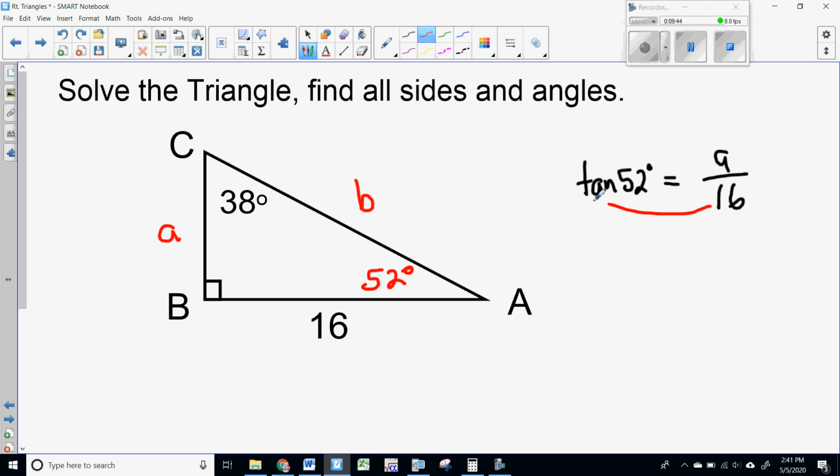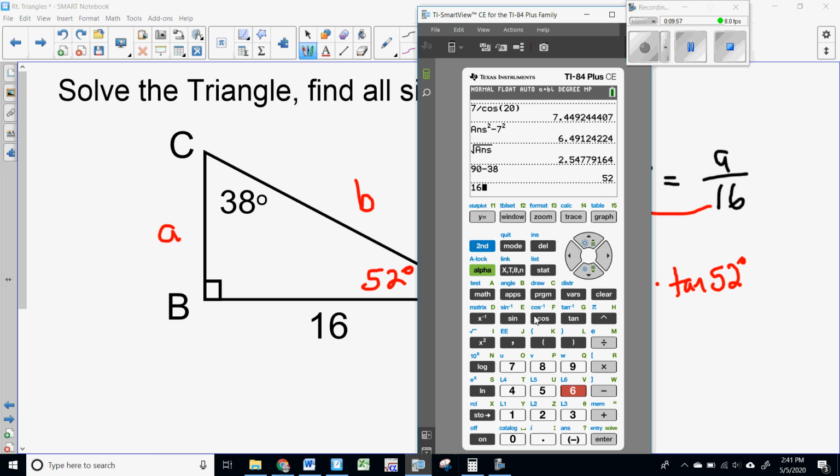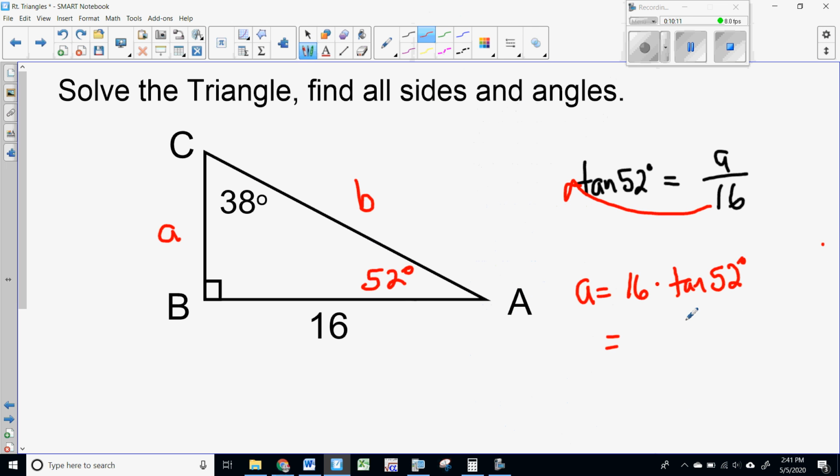Now, my number's on the bottom, so I'm just going to multiply, and a is 16 times tangent of 52. I put that into the calculator, 16 tangent of 52, and I get 20.479. So that over here is 20.479.